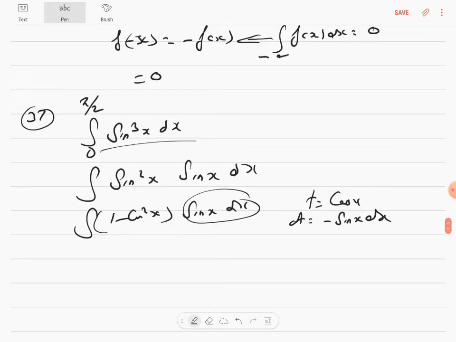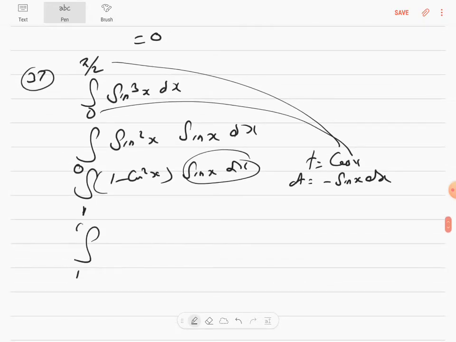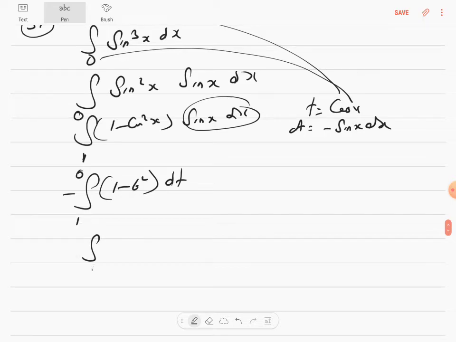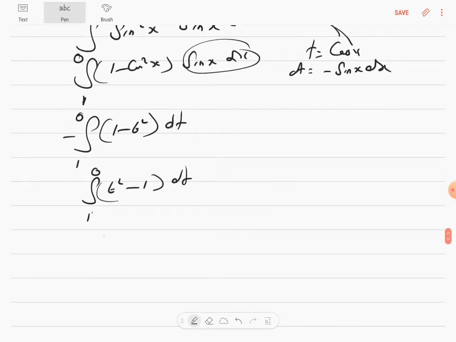Substituting x as 0, cos 0 is 1, and x as pi by 2, it becomes 0. So it becomes 1 to 0, 1 minus t square into minus dt. So it will become 1 to 0, take it inside, it will become t square minus 1 into dt, which will become t cube by 3 minus t from 1 to 0.